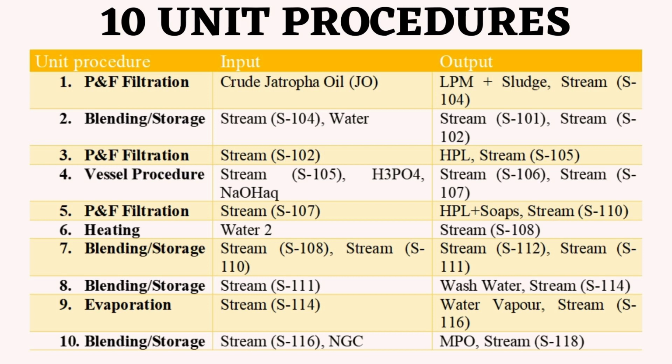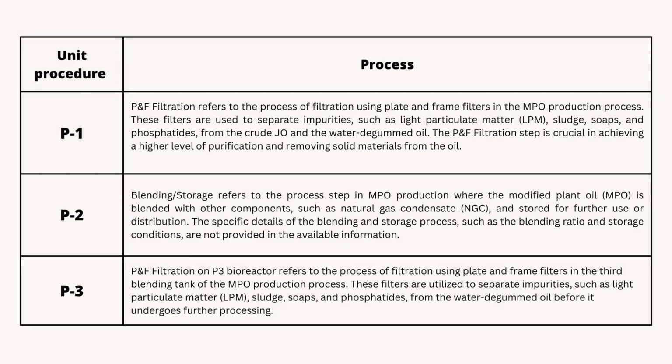The first is P&F filtration, second, blending or storage, third, P&F filtration, fourth, vessel procedure, fifth, P&F filtration, sixth is heating, seventh is blending or storage, eighth is blending or storage, ninth is evaporation, and the tenth is blending or storage.